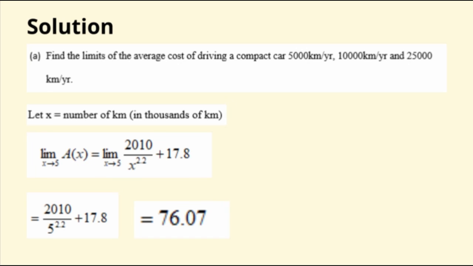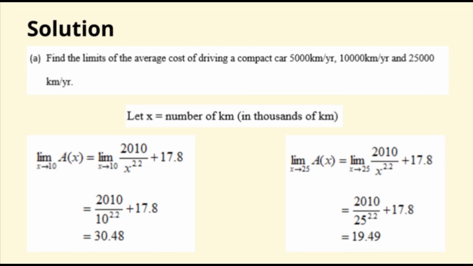We just need to replace 5 into x, and when we calculate it we get 76.07. Limit as x approaches 10 of A of x, we replace 10 into x and get 30.48.